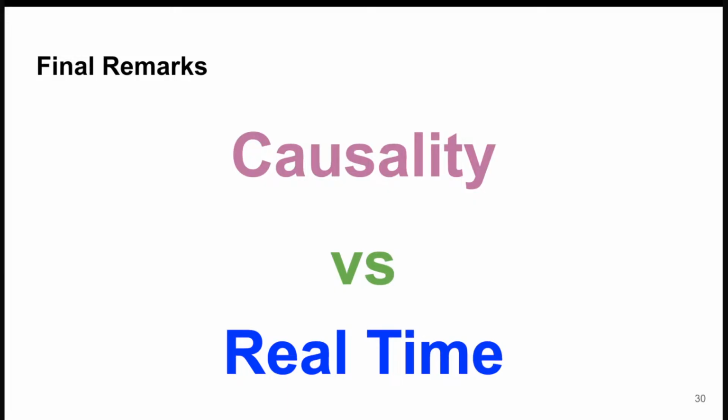Causality. Yes, causality. So I guess the way I would think of it is that causality is sort of an algorithmic precondition for real time. If you want to run something in real time, you first need to make sure that it works in a way that's causal, and then you can worry about whether or not you can implement it in real time.